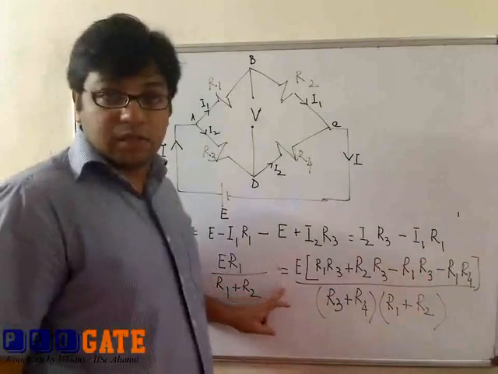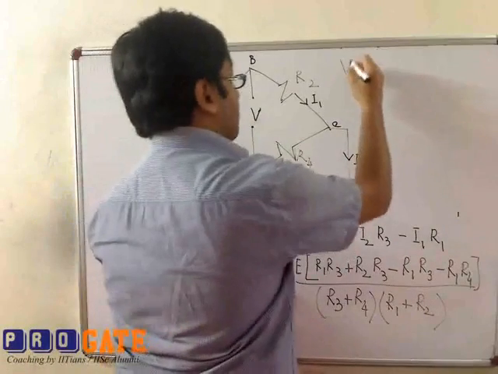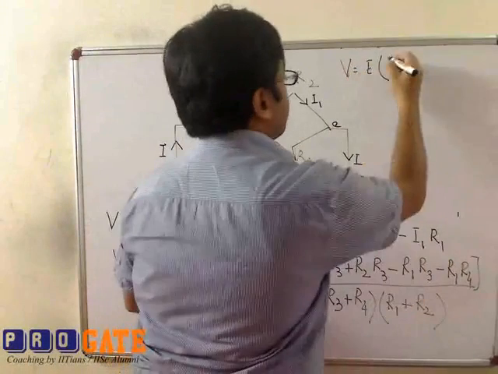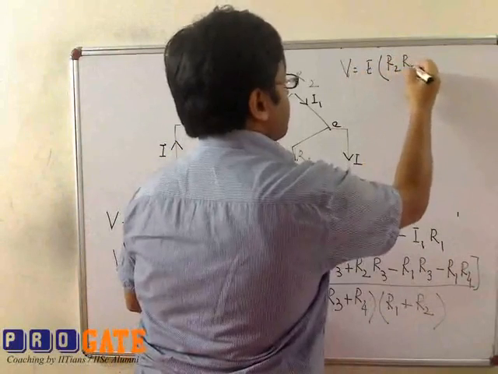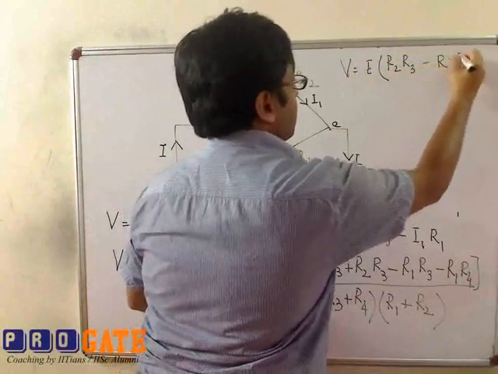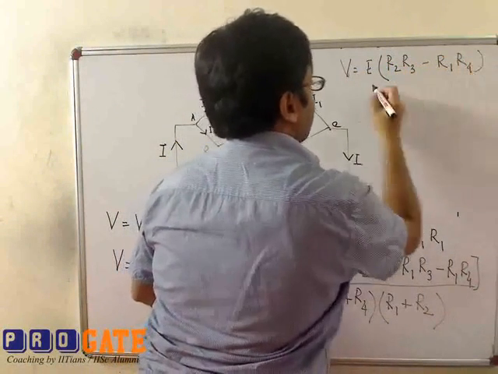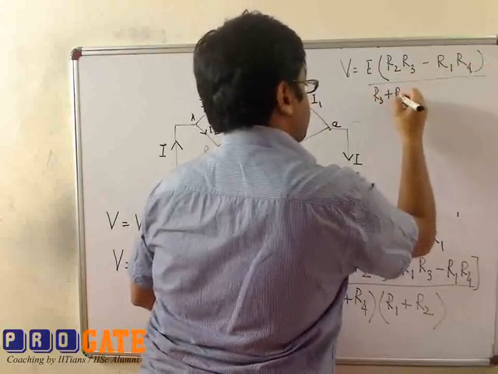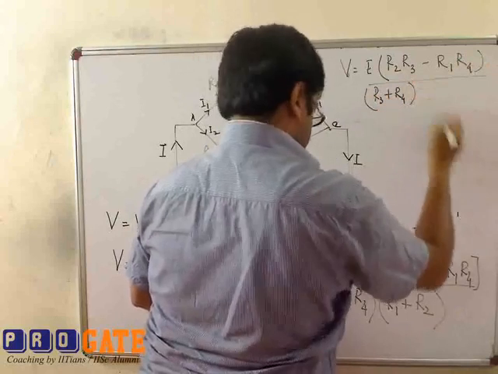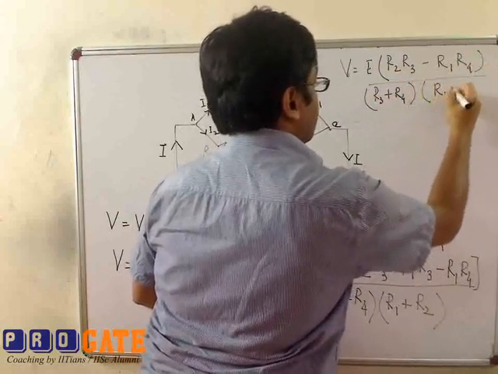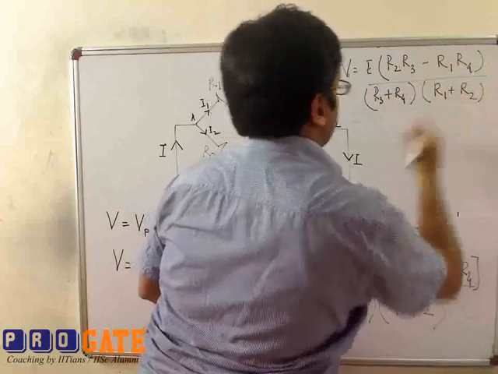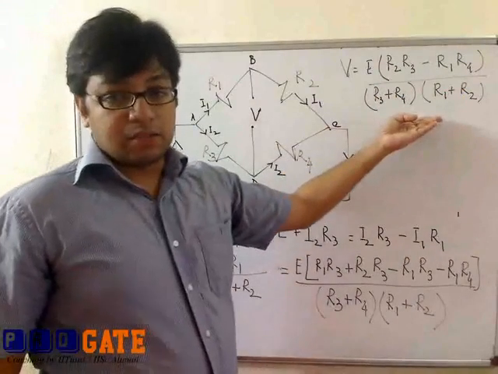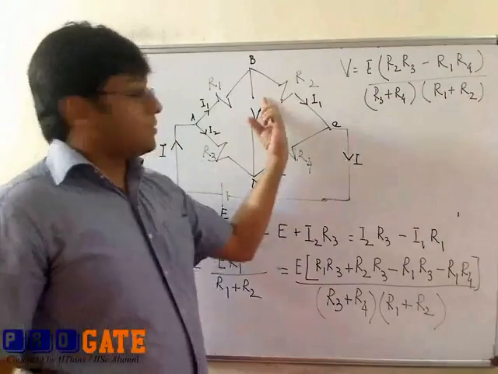Now simplifying this further, what do we get? So this is the final expression for the voltage across the terminals B and D.